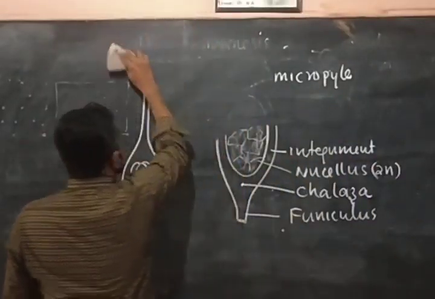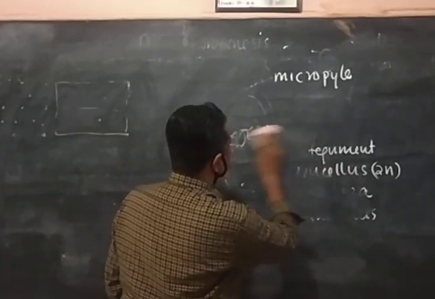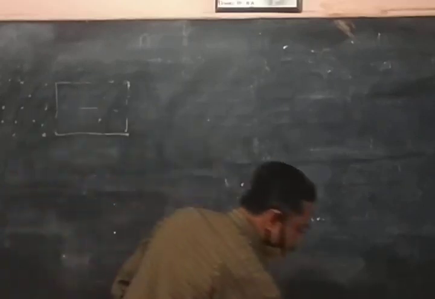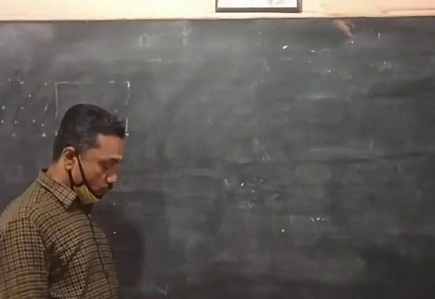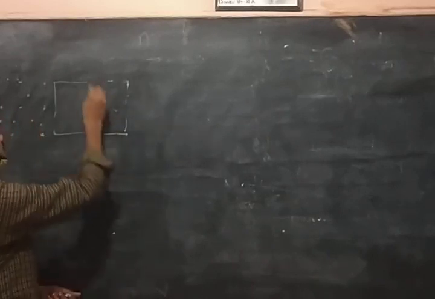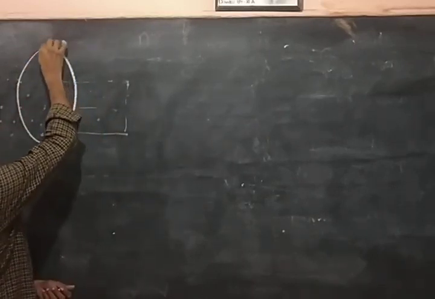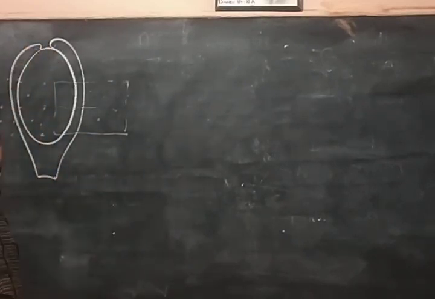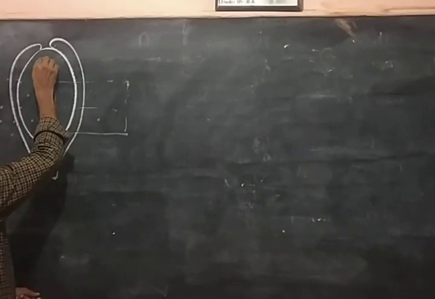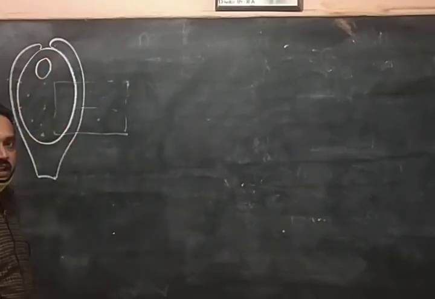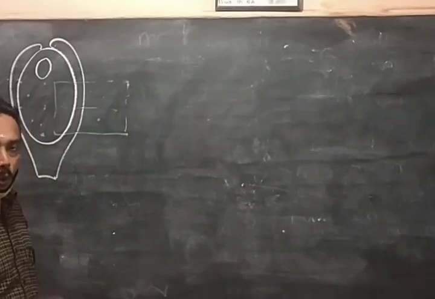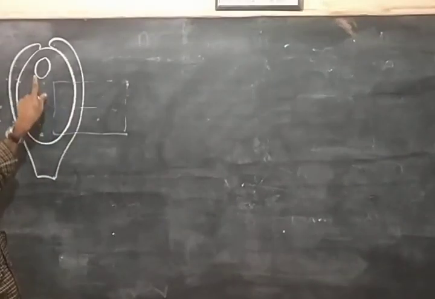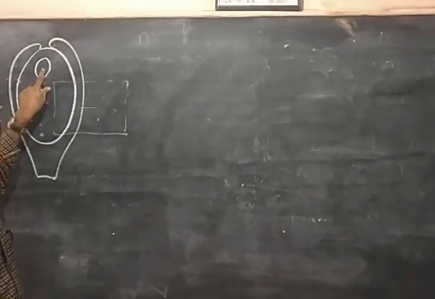This can be represented sequentially by a diagram. You can copy the diagram, then represent the nucellus inside the ovule. It consists of a mass of tissue, and during the development of the female gamete, in the nucellus, one cell towards the micropyle differentiates.